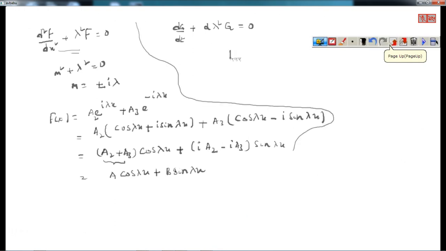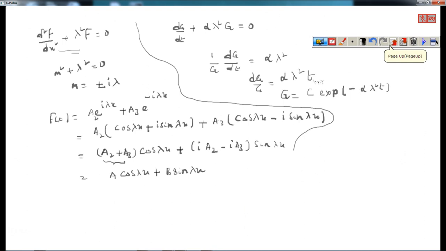This is dg by dt equal to minus alpha lambda square g. So 1 by g, dg by g is equal to minus alpha lambda square dt. Integrating, I am finally writing that equation, g is equal to C into exponent of minus alpha lambda square t.